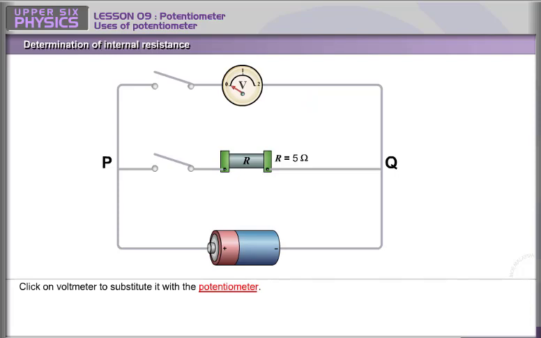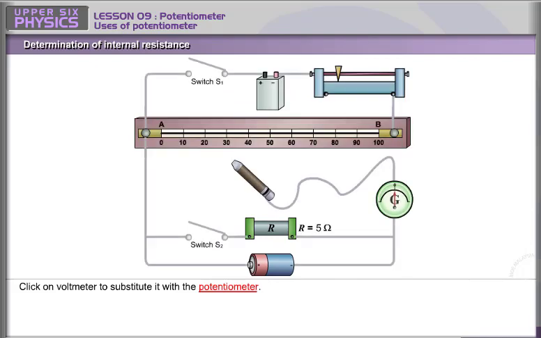Click on the voltmeter to substitute it with the potentiometer. Click on the switch S1. Touch the slide wire at different points until the galvanometer is balanced.